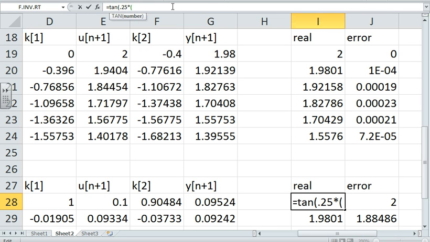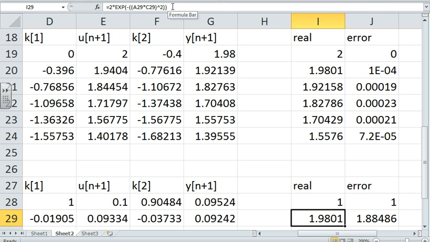X is going to be A28 times C28 plus pi, 3.141592. That should be good enough, right? Parentheses, parentheses. Okay. Looking good.